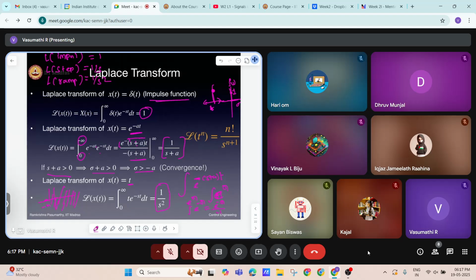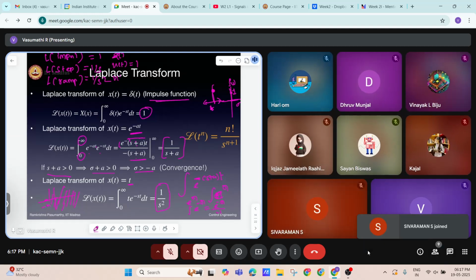So the Laplace of the impulse will be 1, the Laplace of the step signal will be 1 by s, and the Laplace of the ramp signal will be 1 by s square. In the time domain, delta t is the impulse, u of t is the step, and r of t is equal to t. If it is an impulse in the time domain, in the Laplace domain it will be 1. For the step it will be 1 by s. If it is t, the Laplace domain will be 1 by s square. Similarly, it goes on for the parabolic signal.